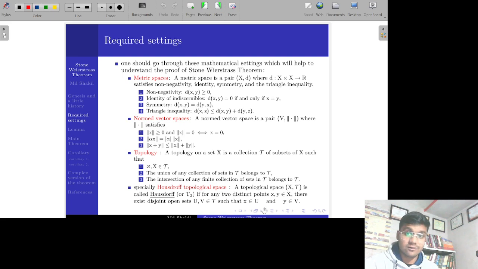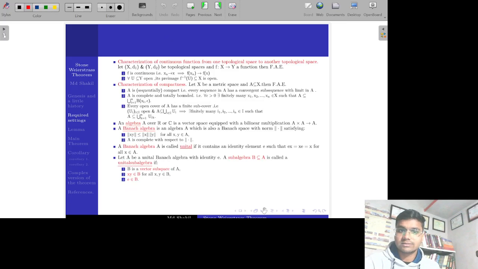First of all, it is a set along with a topology, and it has the property that whenever you take two different points from that space, you can have two different elements of the topology, that is two disjoint open sets, such that one open set contains one point and the other open set contains the other point. It means that in a Hausdorff topological space, we can separate two distinct points with the help of open sets, and that's it.